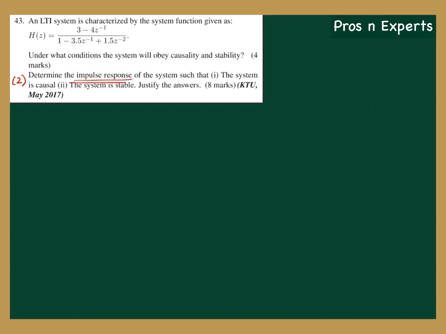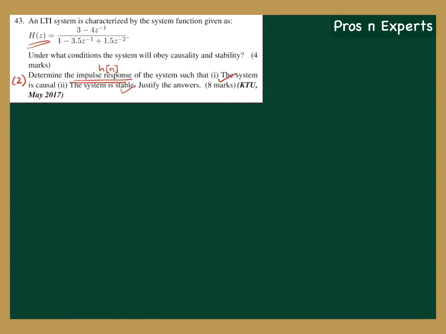Determine the impulse response. We have to find out the impulse response. We are given H of z and you have to find out h of n such that the system is causal and the system is stable. Okay, so let's recall what was H of z.